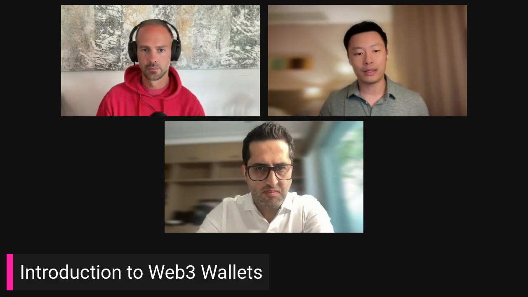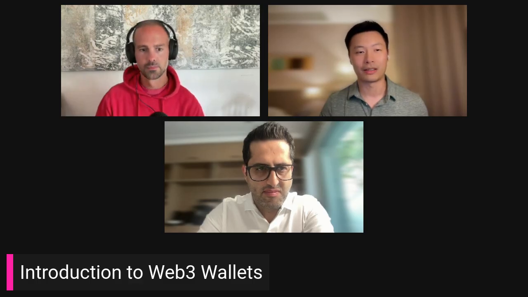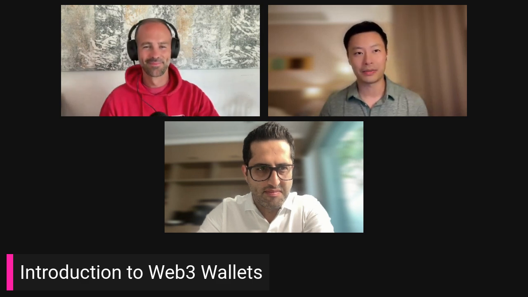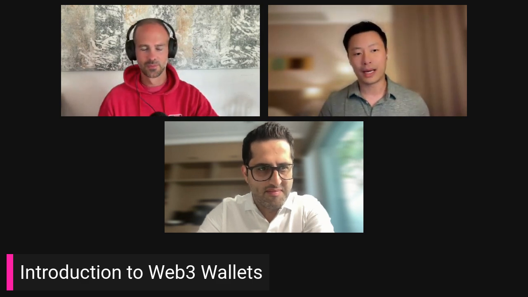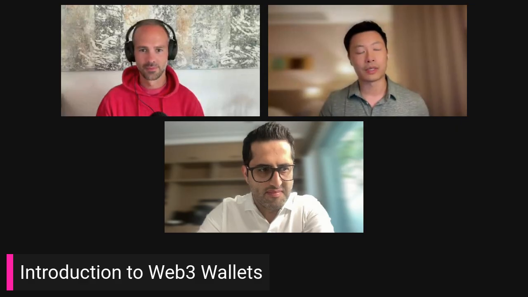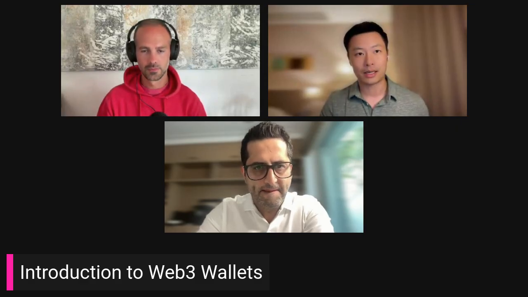Especially in Web3, it's a quickly moving space with a lot of different opportunities, but there are also a lot of potential pitfalls that people can get into. So at MetaMask, we're trying to give them the tools to safely navigate the space so they can actually experience the opportunities.